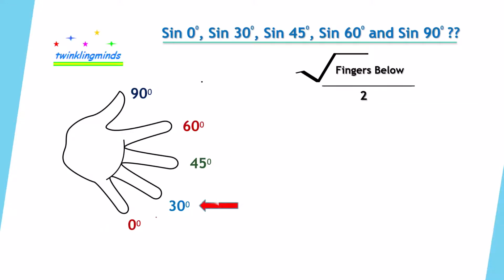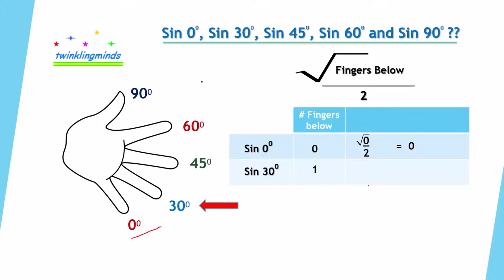How many fingers are there below 30 degrees? 1. So, the value of sine 30 degrees is square root of 1, which is nothing but 1, divided by 2. So, sine 30 degrees equal to half.